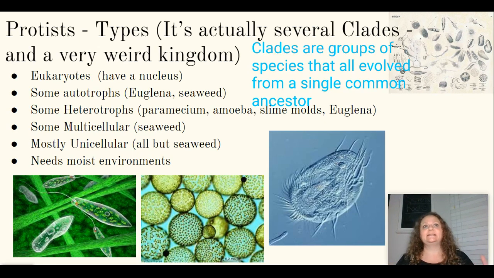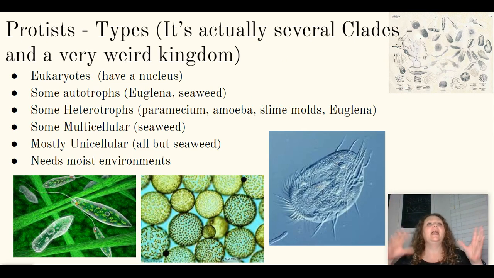A clade is a group of organisms from a common ancestor. So we can look at some common ancestors in the Protist kingdom and see where they branched apart based on that. Let's discuss some of the things that protists have in common, mostly.